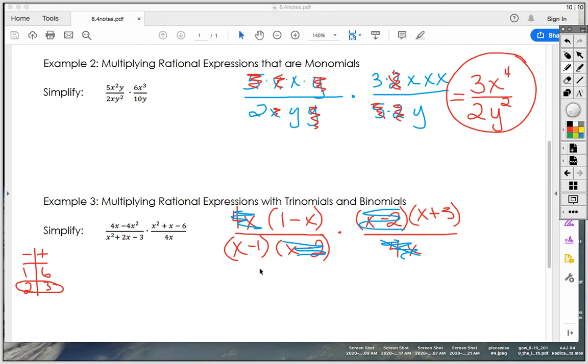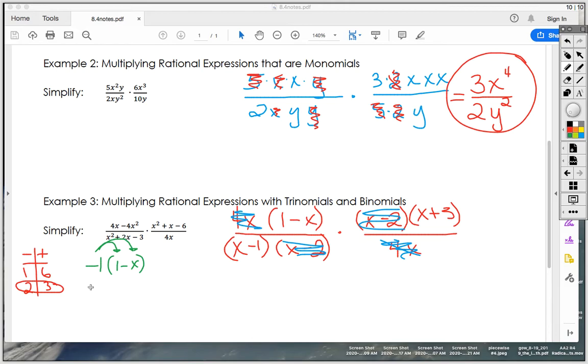Or actually, you know what? No, we're going to scratch that. It is the same thing as negative 1. How can I explain that to you? Okay, so if I do negative 1 times 1 minus x, I'm going to distribute.